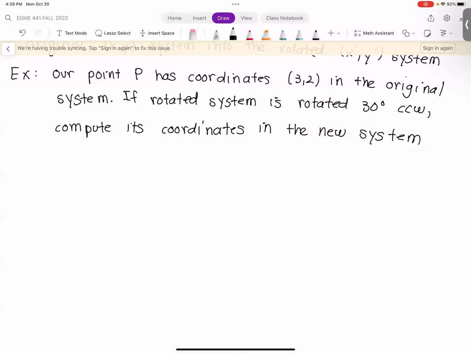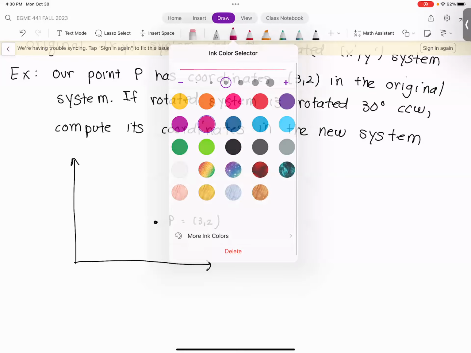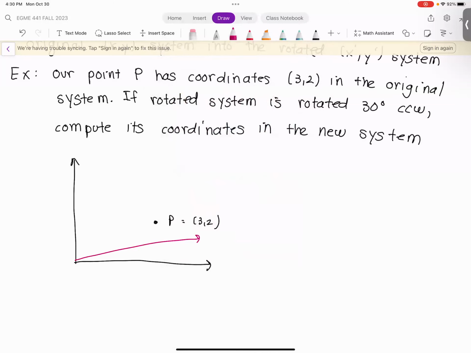All right, so visually it looks like this. We have our normal system, and 3, 2, we'll say is around there. If we were to rotate the system 30 degrees, you want to find out what are the coordinates of this point in that rotated system.